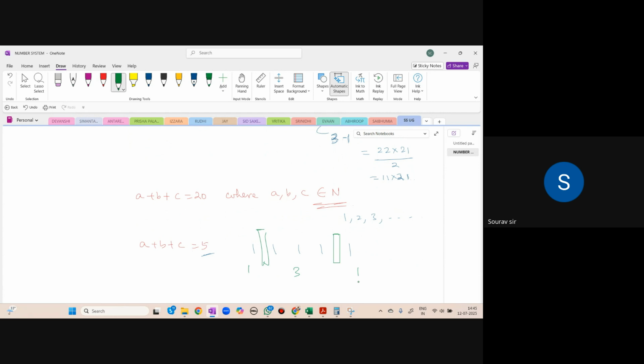Simply divide it into 3 parts. If the number is 5, that means there are 5 ones, which means 4 gaps. That means 4C2, which is 4 into 3 by 2, which is 6.